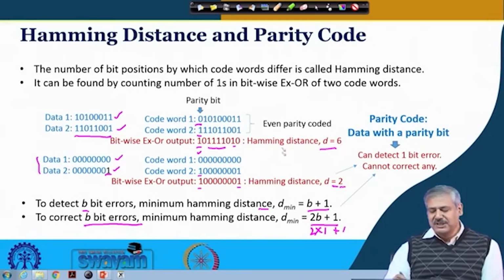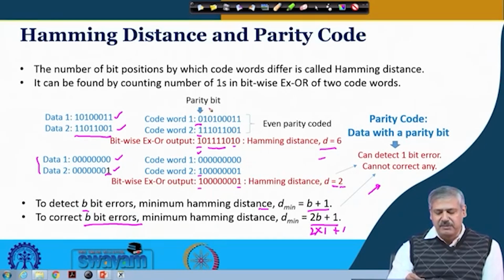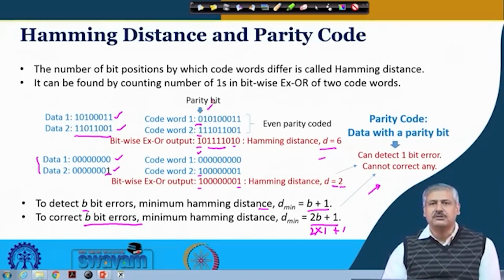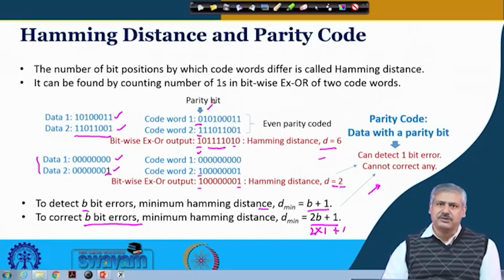So, with this kind of coding, we can detect 1 bit error, but we cannot correct any. This is what we have seen in the past on an error detection code using parity, introducing a parity bit. Here we have taken the example of even parity, it will stand good for odd parity also.